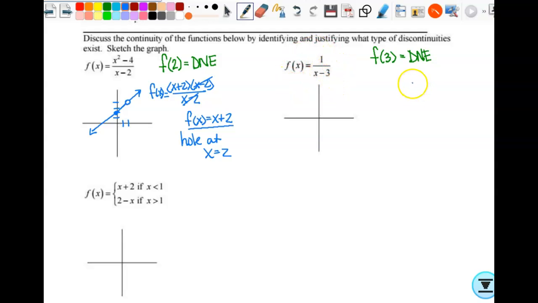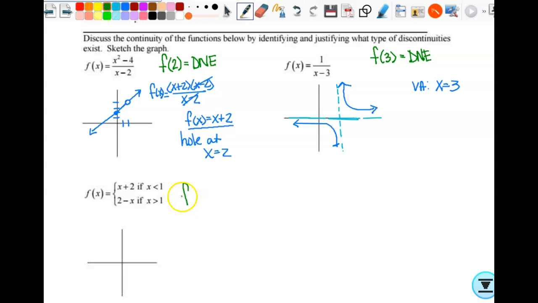What kind of asymptote? Vertical asymptote. Okay, vertical asymptote at x equals 3. And there's also a horizontal one at 0 because it is bottom heavy. That doesn't affect my discontinuity, but it does affect my graph. And then this graph is just this. We good?